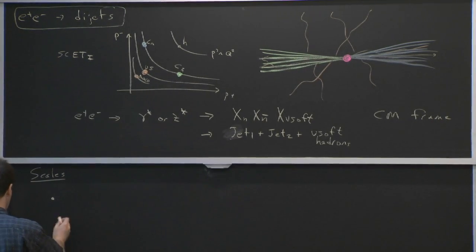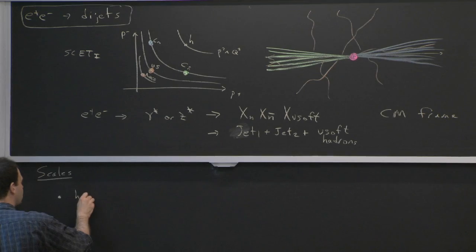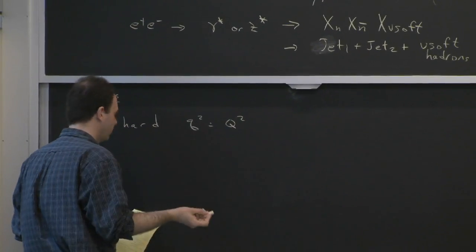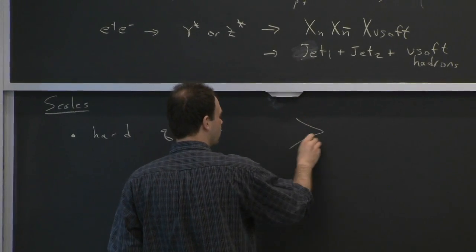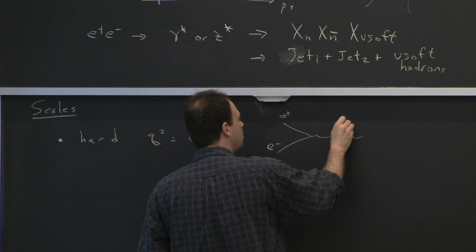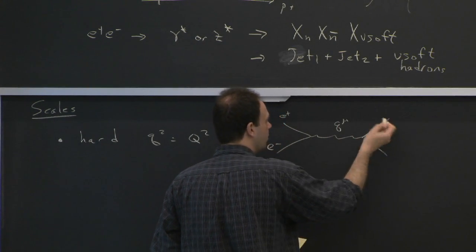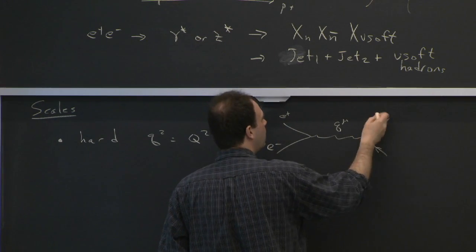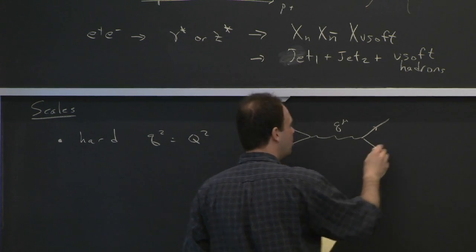Okay, so the first scale that you want to think about is the hard scale. And so that is just the q squared of the virtual photon or Z. So if you think about the Feynman diagram, here's E plus E minus, here's q mu. You're going to have a pair of quarks that the virtual particle can couple to, and there could be additional gluons.